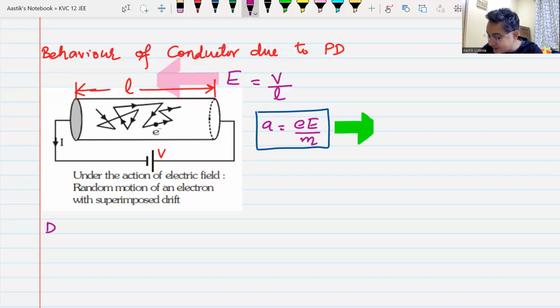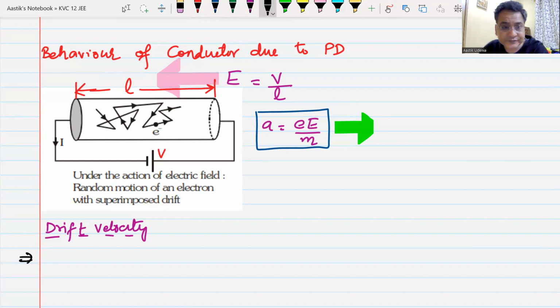So that is the next heading that you are going to write just below this. What is this drift velocity or this drift speed? Tell me fast.